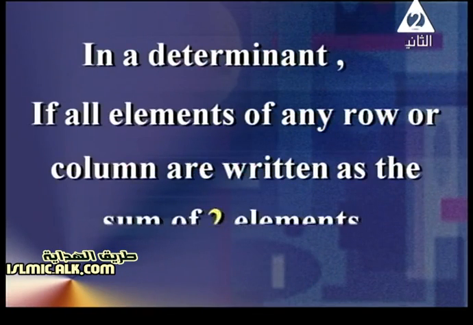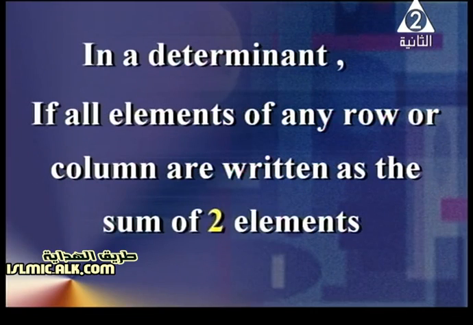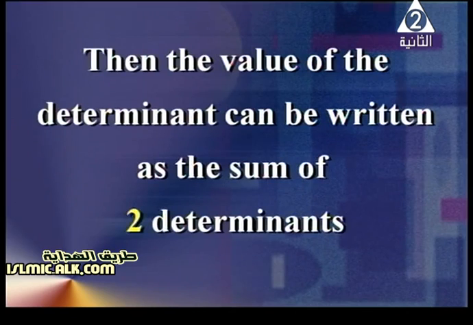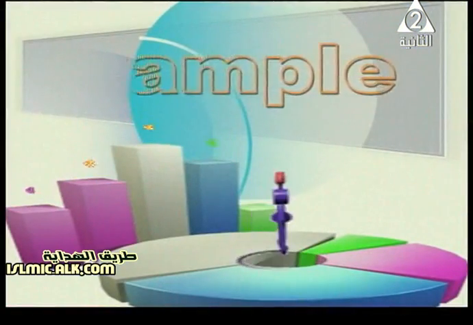Look, dear student: for any determinant, if all elements of any row or column are written as the sum of 2 elements, then the value of the determinant can be written as the sum of two determinants. Example.